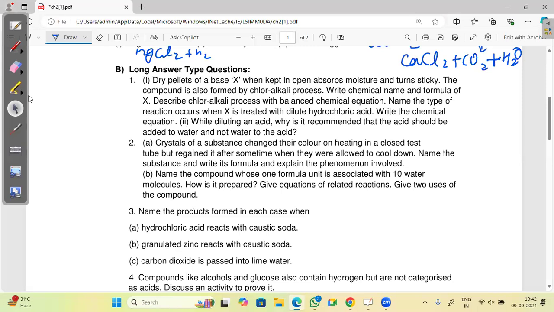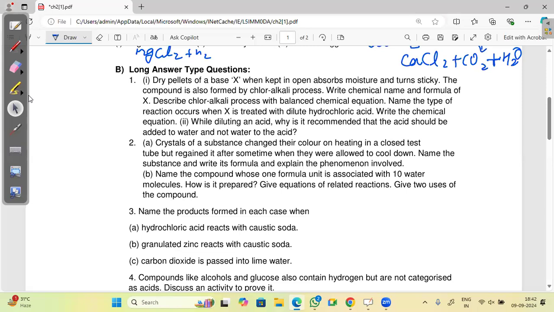Copper. It's not copper. Write the complete name. It's the salt of copper. You're correct. What is the name of that salt? Copper sulfate.